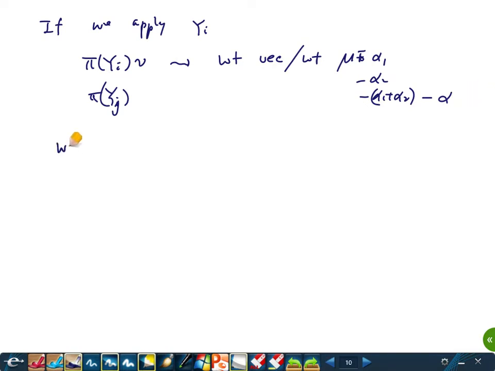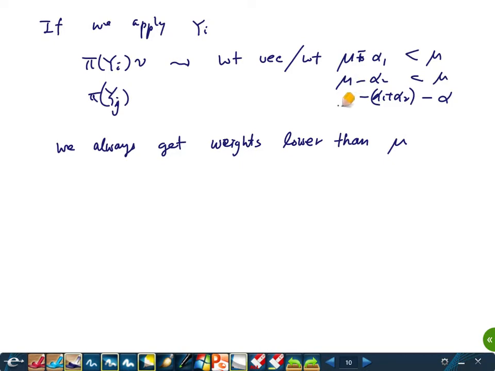So we always get weight lower than mu. Lower is the opposite word for higher. This is lower than mu, this is lower than mu, right? If you ever apply one single y, the weight will be smaller.